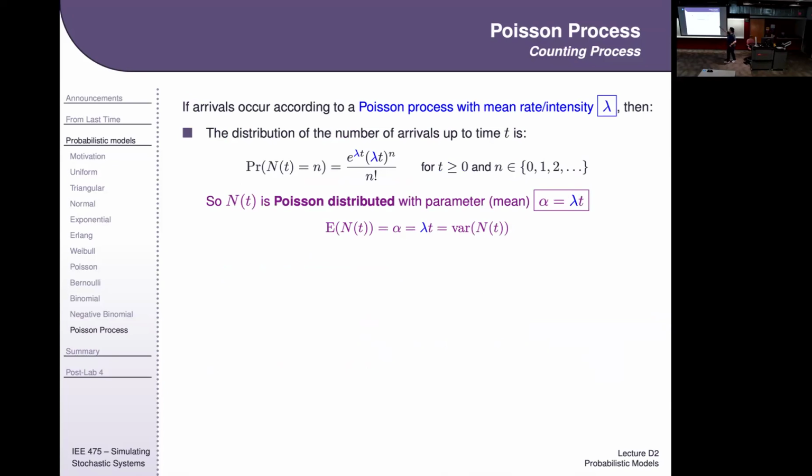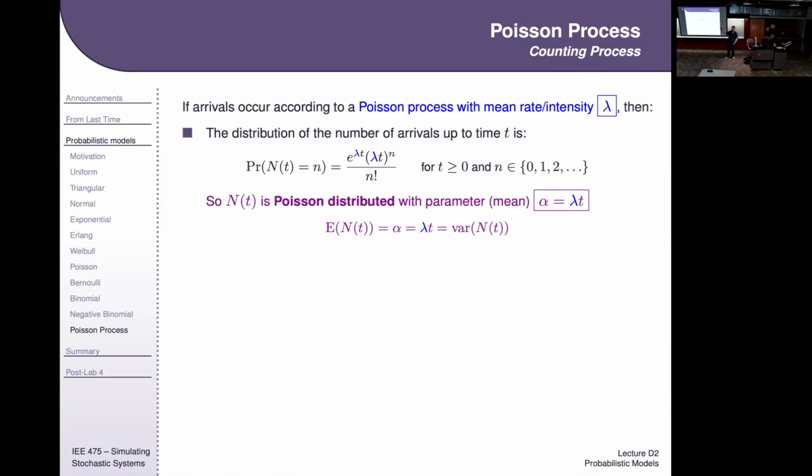If that happens, and we assign a mean intensity or a mean rate of arrivals to this Poisson process, then the distribution of arrivals up to any time is Poisson distributed. It is a Poisson random variable. It is discrete. It is a count of arrivals up to this time t, with parameter the length of the interval t times the intensity lambda.